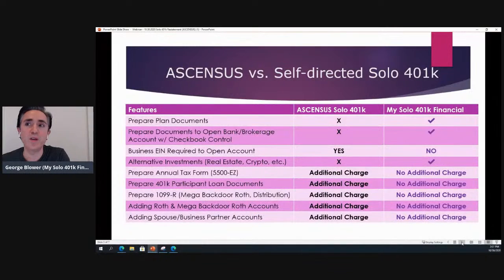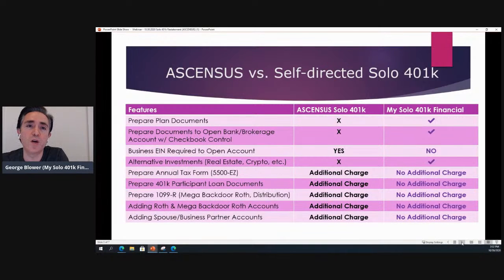So this chart right here is a great chart as it really lays out in detail some of the top differences between the ASCENSUS Solo 401k and a self-directed Solo 401k with us. So in terms of the plan document, that's always the first step in creating a plan, is preparing the plan documents. So with ASCENSUS, it's really a do-it-yourself model where you actually draft the plan documents yourself.